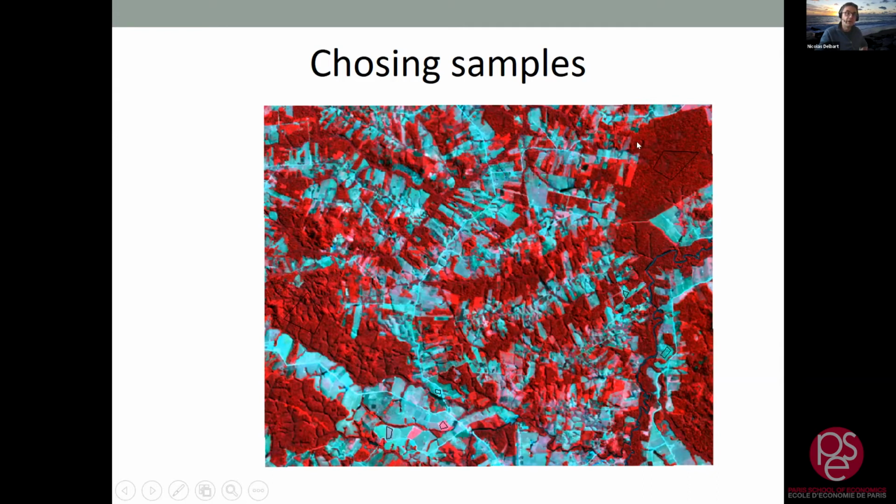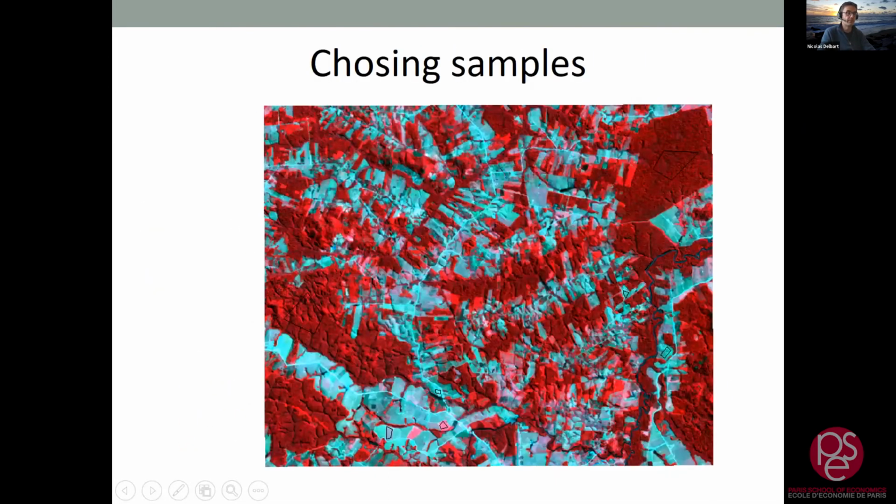And I took 5 samples, one here in a forest, several here, and the last one here, and another one here. I took some samples to look at the values in order to introduce why decision tree is interesting.